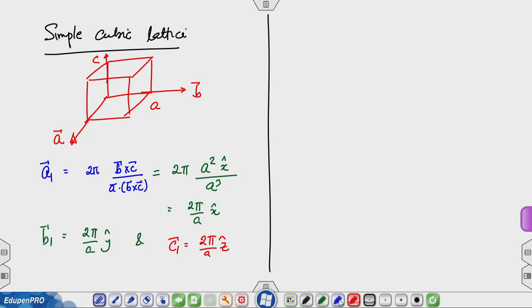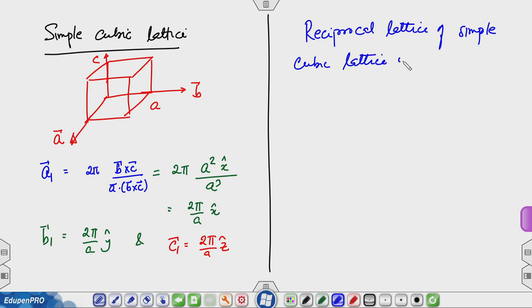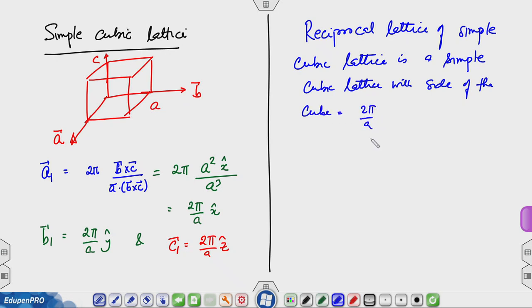So, you have the reciprocal lattice of simple cubic lattice is a simple cubic lattice with side of the cube equals 2 pi by A. Notice the dimension is 1 over L. This is precisely what we were noting earlier in the case of diffraction of light, that delta k was proportional to 1 over the distance.